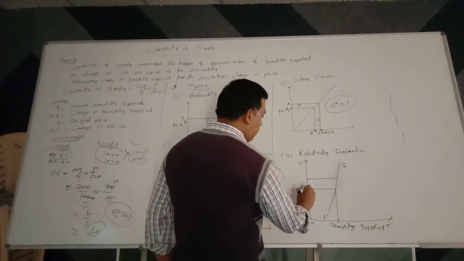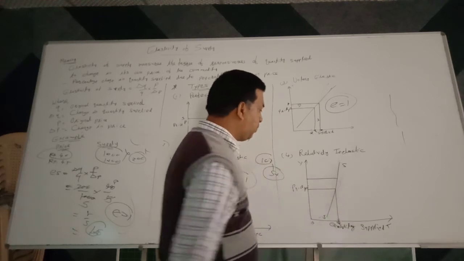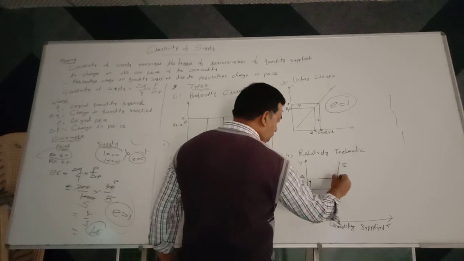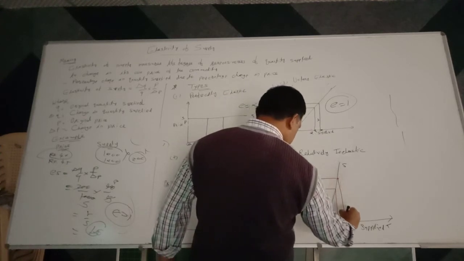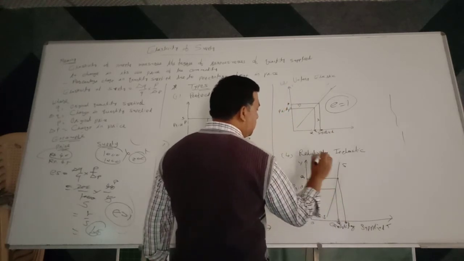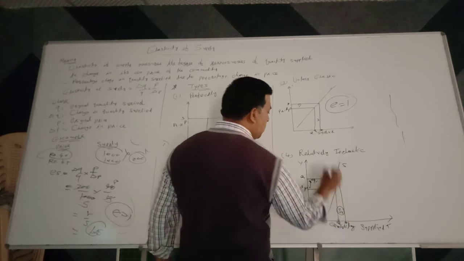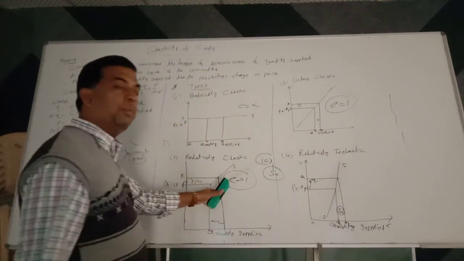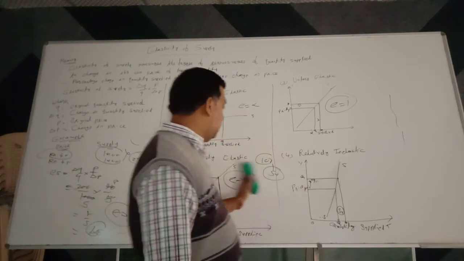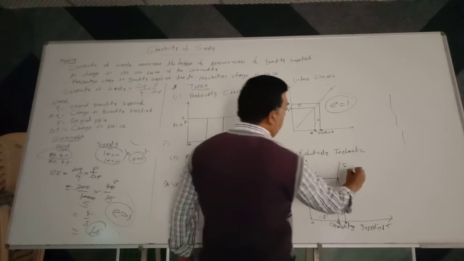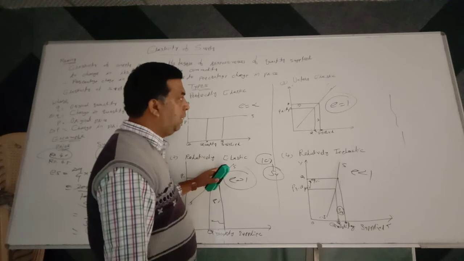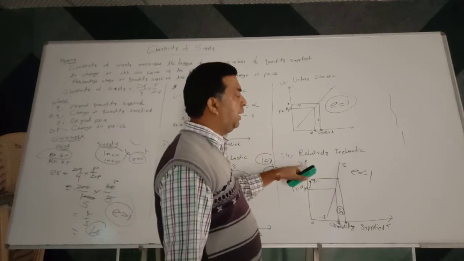Original price is OP, original quantity supplied is OQ. When price rises, supply of the commodity also rises from OQ to OQ1. So you can see the difference: 9% change in price leads to only 5% change in supply. यहाँ से बिल्कुल opposite. This is relatively elastic supply, and this is relatively inelastic supply. In the first, your value is greater than 1, so here your value will be less than 1. Perfectly elastic, relatively elastic, unitary elastic, and relatively inelastic.